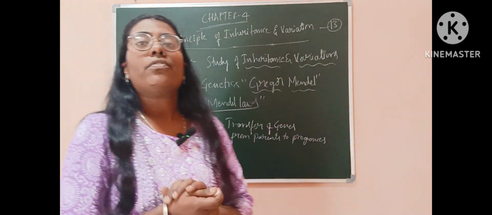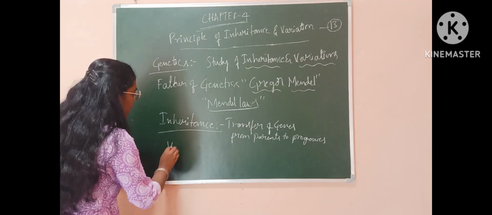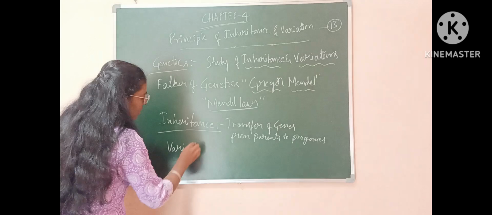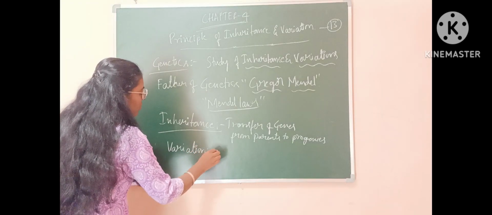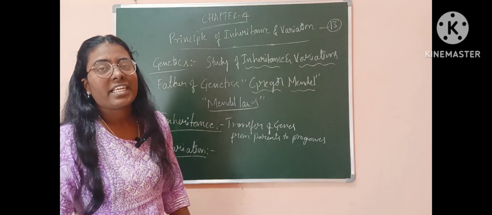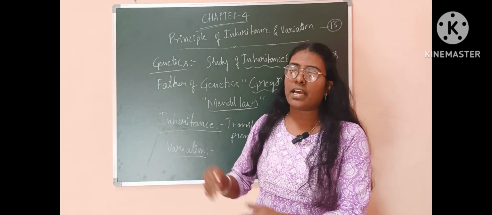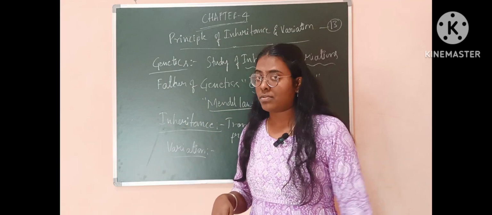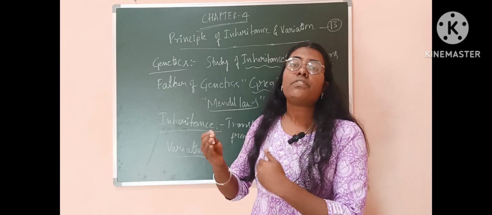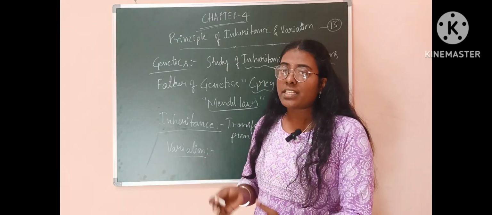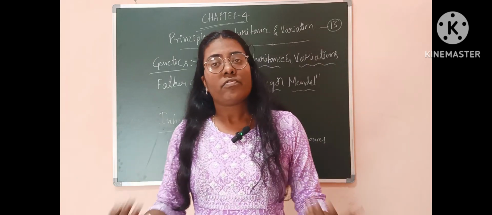And coming to the meaning of variation. What is the meaning of variation? Generally, you know the meaning of variations. Variations means difference, or other. I am different from her and I am different from someone else. Every organism has some variations.